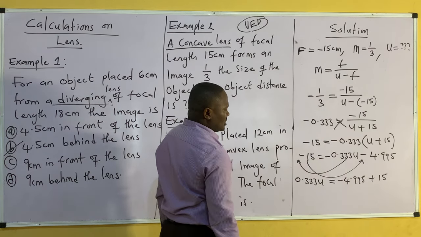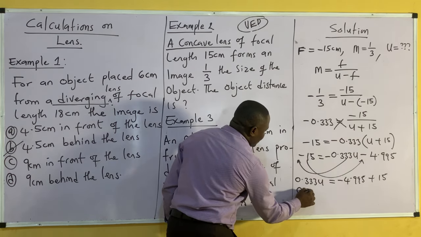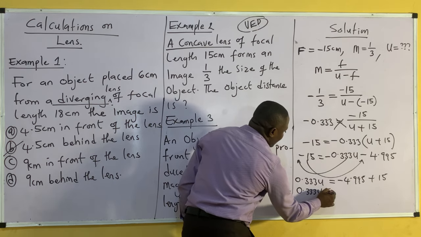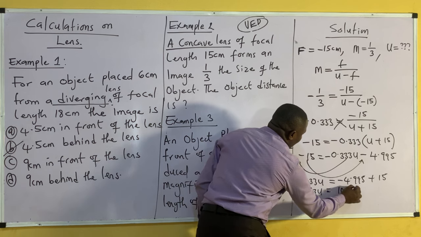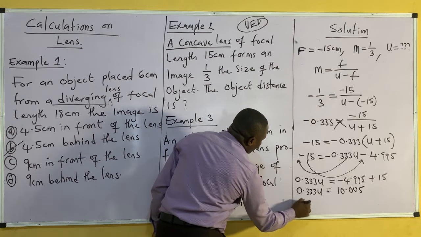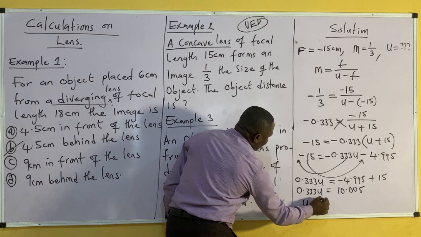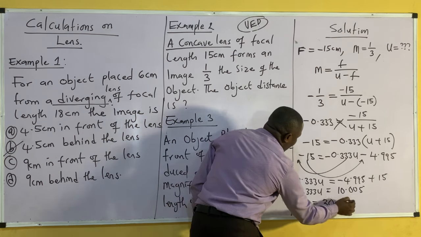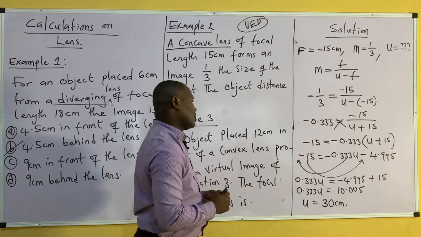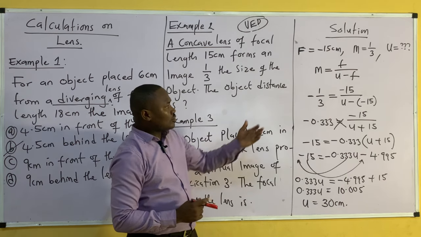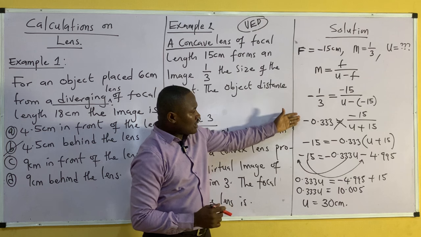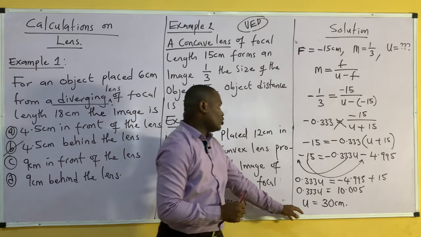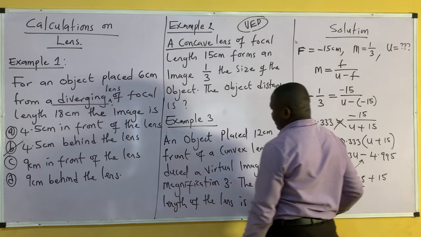If you do this, we now have 0.333u is equal to 10.005. So what is u equal to? Our u will now be equal to 30 centimeter. That's the answer to this question. Please follow the way I solved and see the clarity for understanding. So the u is now 30 centimeter.